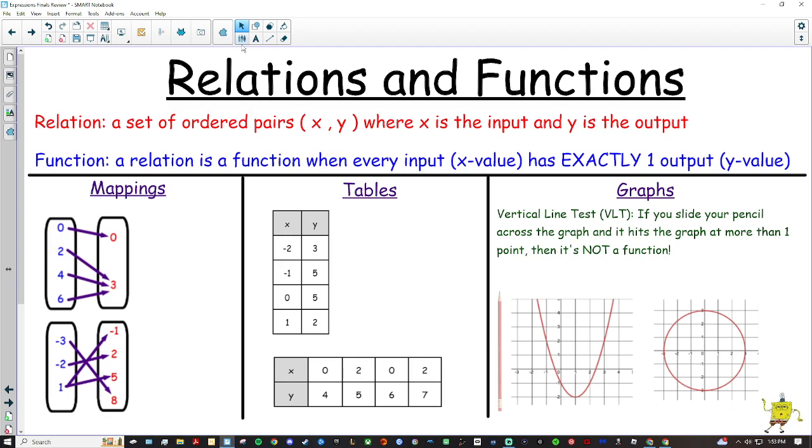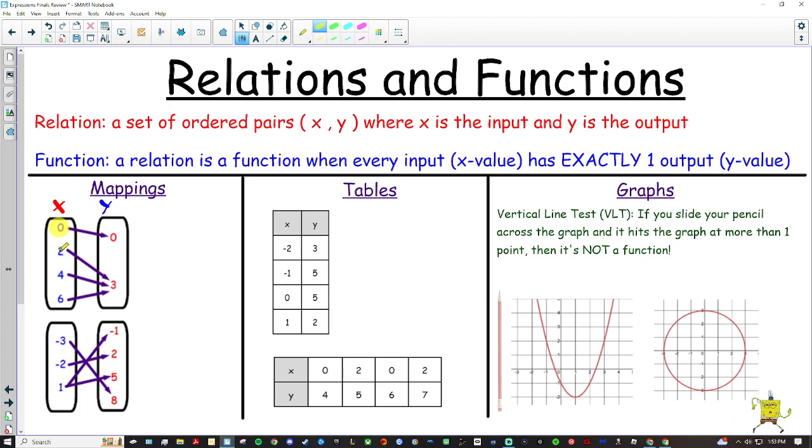Our mappings have an input side and an output side. We have our x on the left, and we've got our y on the right. Input, output. What we are looking for is, does each of our inputs only have one output? So if I look at each of my numbers one at a time, 0 only has one output.